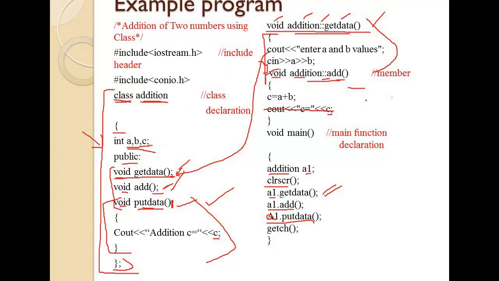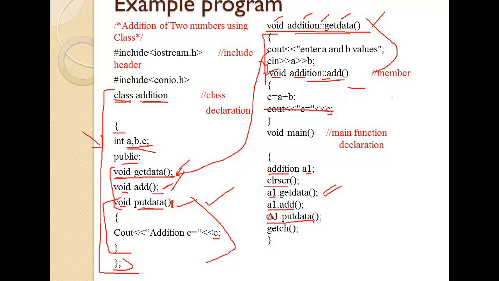And another thing, there is no order. Unlike a C program, there is no order that after get data we need to define the add member function. In the beginning you can first define the add member function, then put this particular block here. In any way you can keep it. Why? Because all these functions we are going to call using the object.